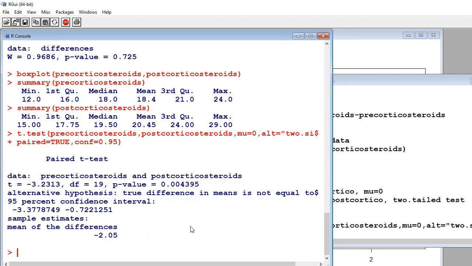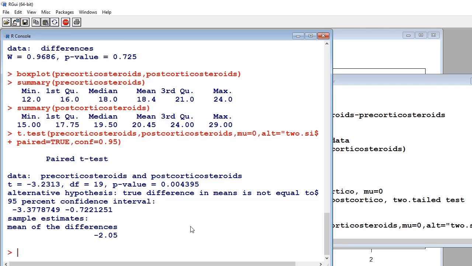After doing that, it gives us a p-value of 0.004. 0.004 is less than 0.05, our alpha, which means we have to reject the null hypothesis, which means the alternative hypothesis is what we're going to take.